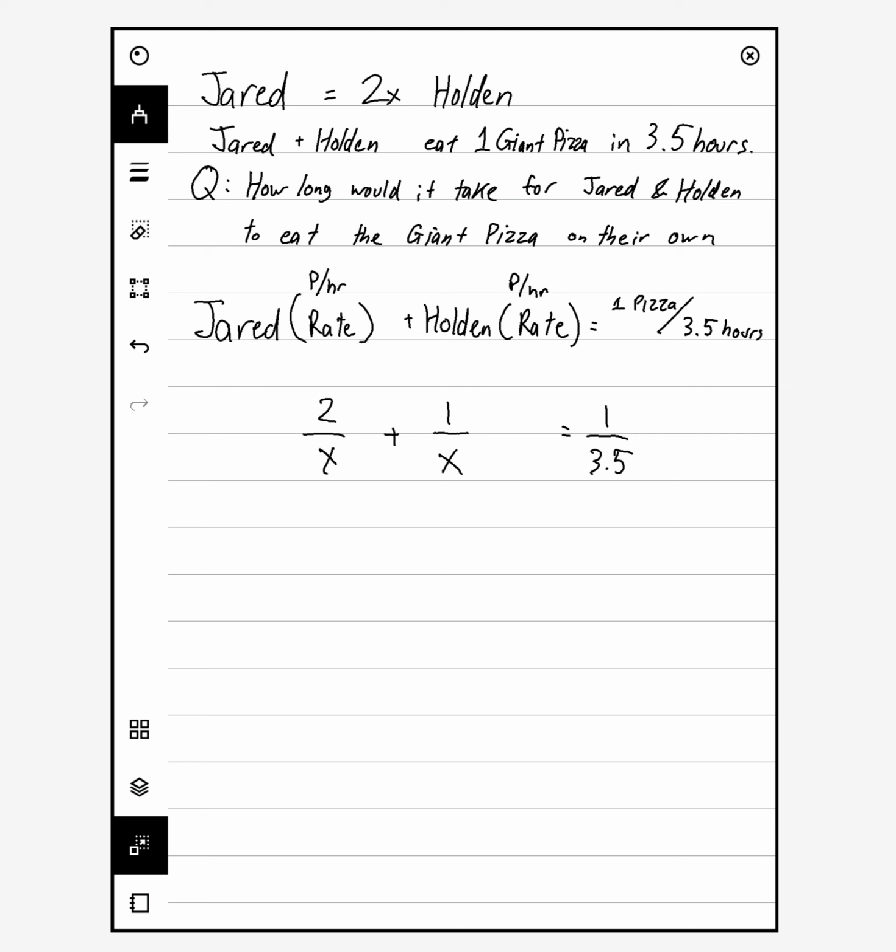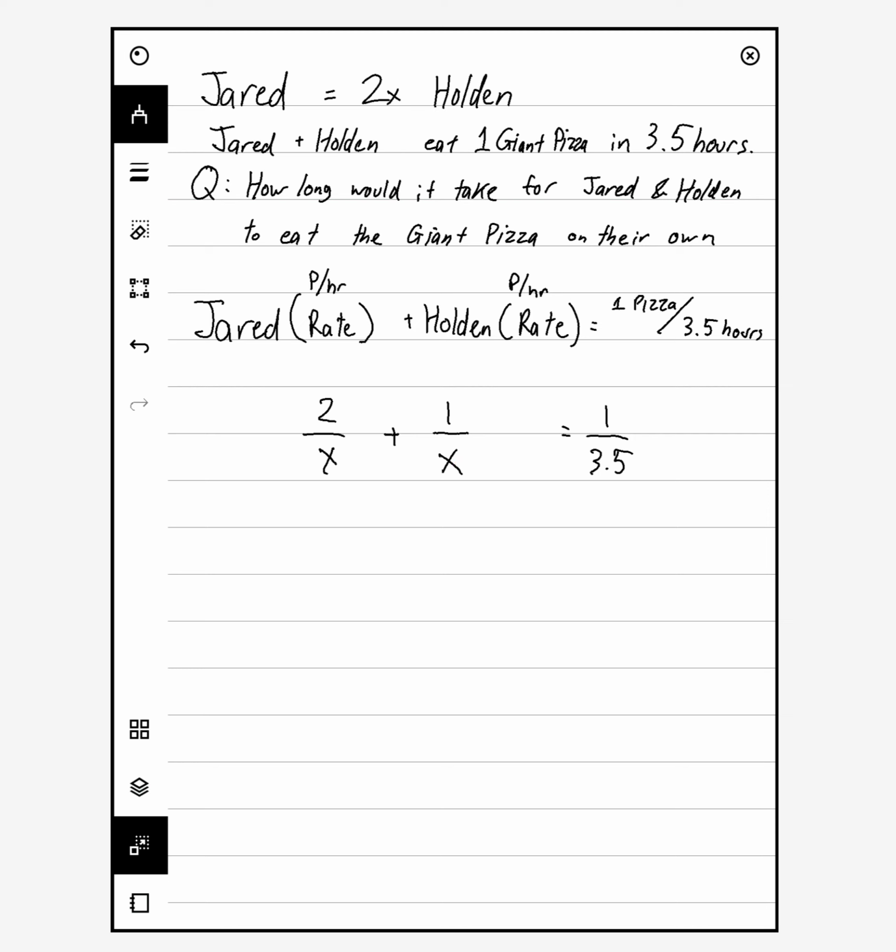So the first variable we're going to use is just x. And I'm just going to use that for Holden, because Holden takes twice as long as Jared, or Jared eats twice as fast as Holden. So I can just use the same variable. Holden's rate in terms of pizzas per hour would be one pizza per some unknown number of hours.